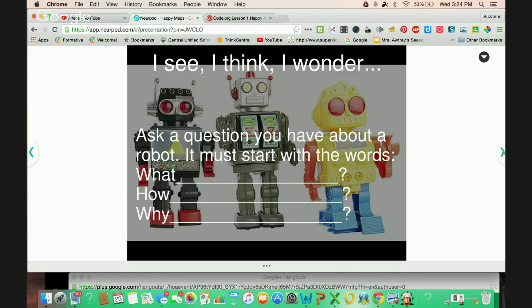For example, what does it take to program a robot? Or how can I make my robot move? Or why is that robot going forward instead of backward? So think about a question that begins with a word, either what, how, or why. Think about your question, think, and teach.